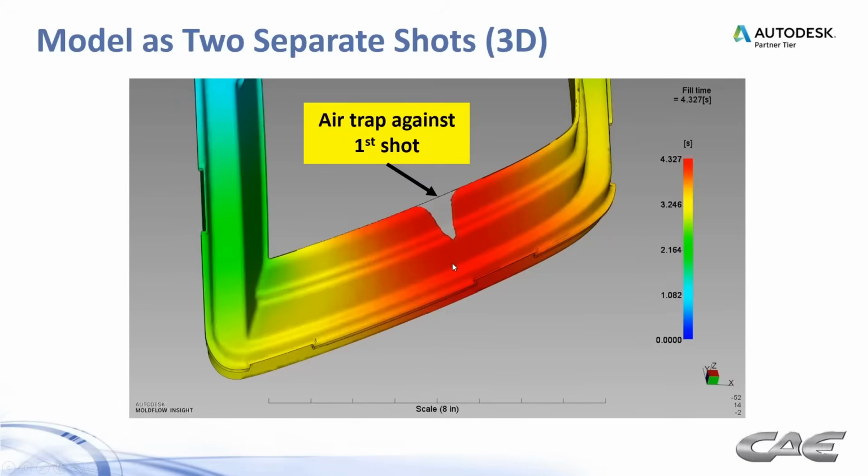As we know with air traps, if we don't have a way to vent those, then bad things happen. And those bad things typically either result in a short shot, or you compress the material in that area. You can superheat that material and cause burns, not only in the second shot, but also in the first shot. So we have to be careful about how the filling pattern plays out with regard to venting. And we want to try to get this out to the ventable parting line if we can.